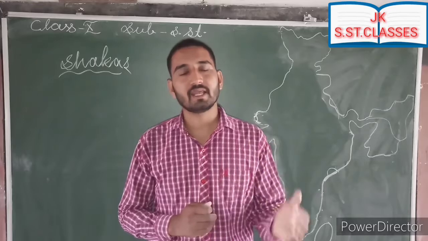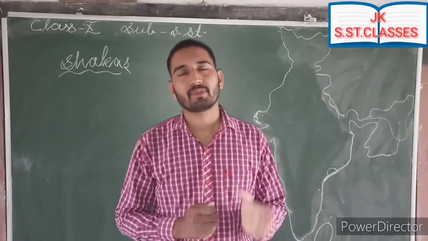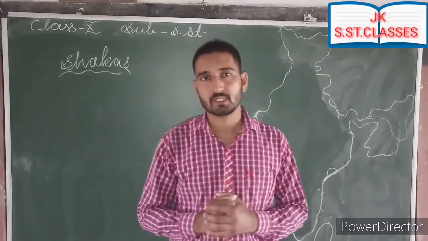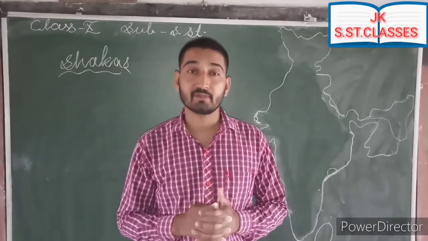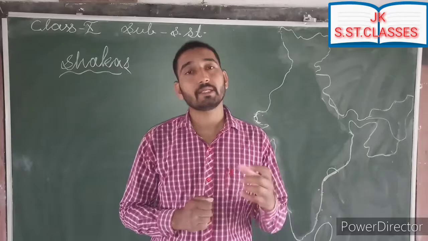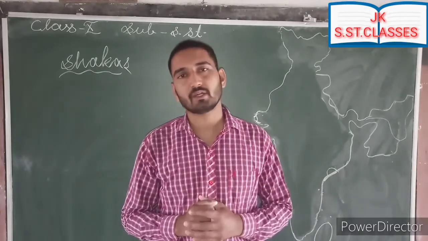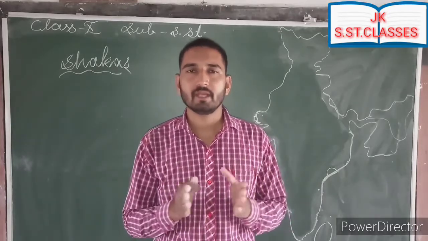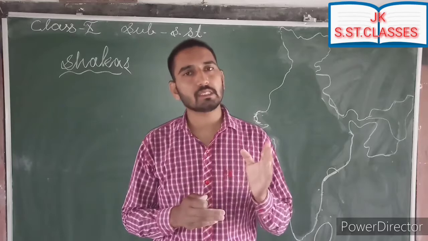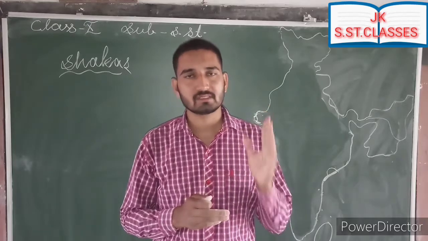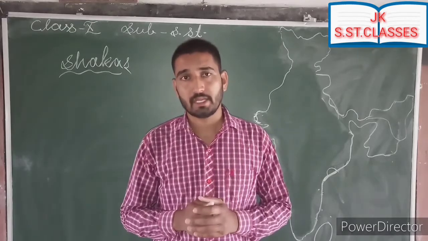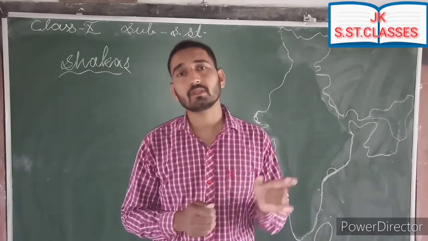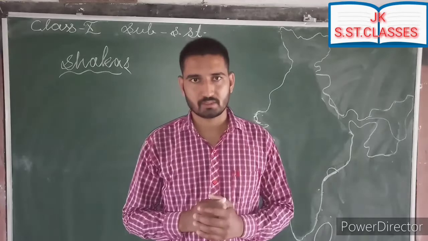Now, as the next part of that point, we are going to discuss Shakas. Shak was also a barbaric tribe related with Central Asia who entered India from the northwestern side of the country. We find mention of these Shakas in the Ramayana and Mahabharata also, where they are mentioned along with Yavanas and Kambojas.